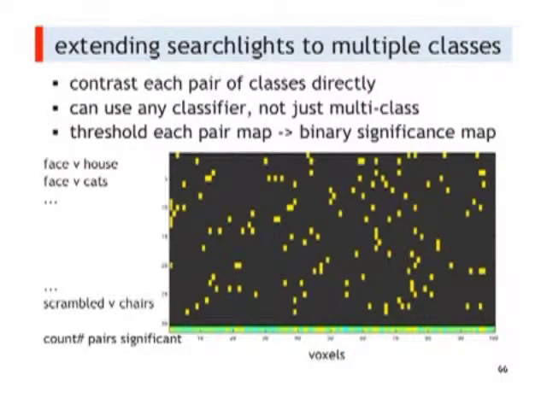The second one is face versus cats, and all the way through the 28 pairs of classes that you have. And for every pair, you can ask the question, does a searchlight make this distinction? If it does, is it significant? And so you end up with this large binary matrix of pairwise distinctions that every voxel can make. And in the end, you can count for every voxel how many distinctions it does.